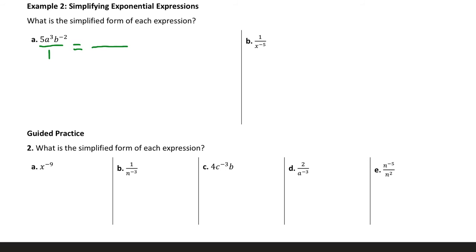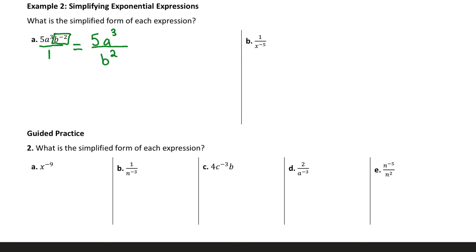Now, 5 is not being raised to a negative power, so I don't need the reciprocal of 5. a is not being raised to a negative power, so I do not need a reciprocal of a to the third power. b is being raised to a negative power, so I need the reciprocal of b squared, which just means I put b squared on the bottom of the fraction. Positive powers do not need the reciprocal. Negative powers only. So only b was being raised to a negative power.